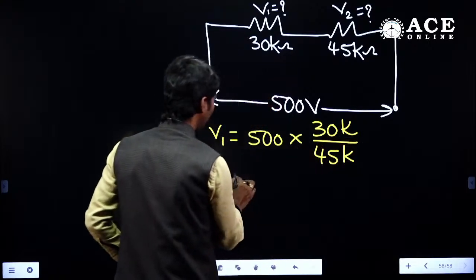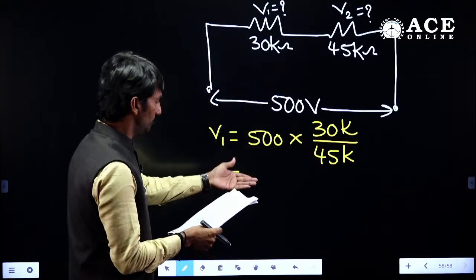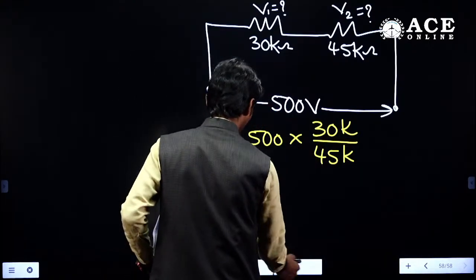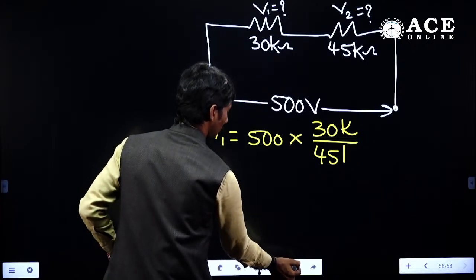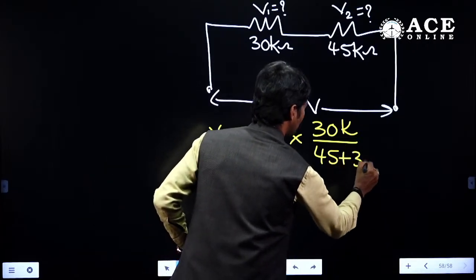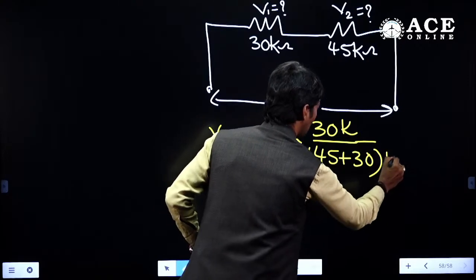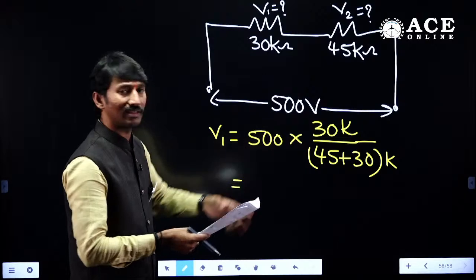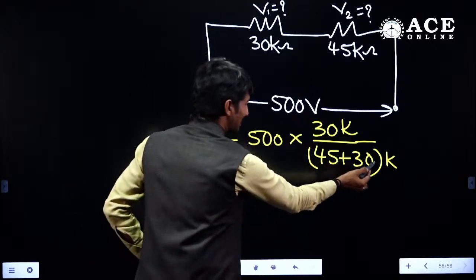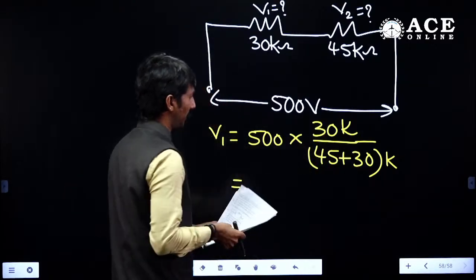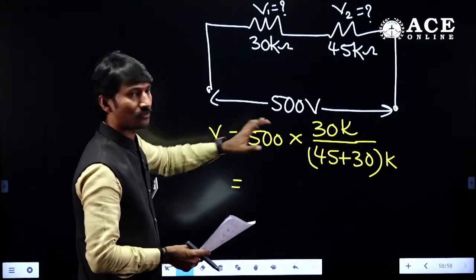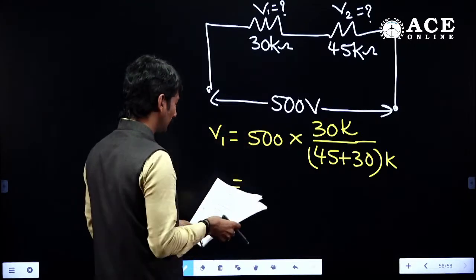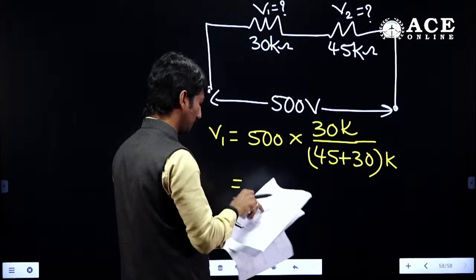You will be getting the total 75K here, the sum of these two. So 30 by 75 into corresponding 500 volt. If you simplify this, you will be getting the answer as 200 volt.